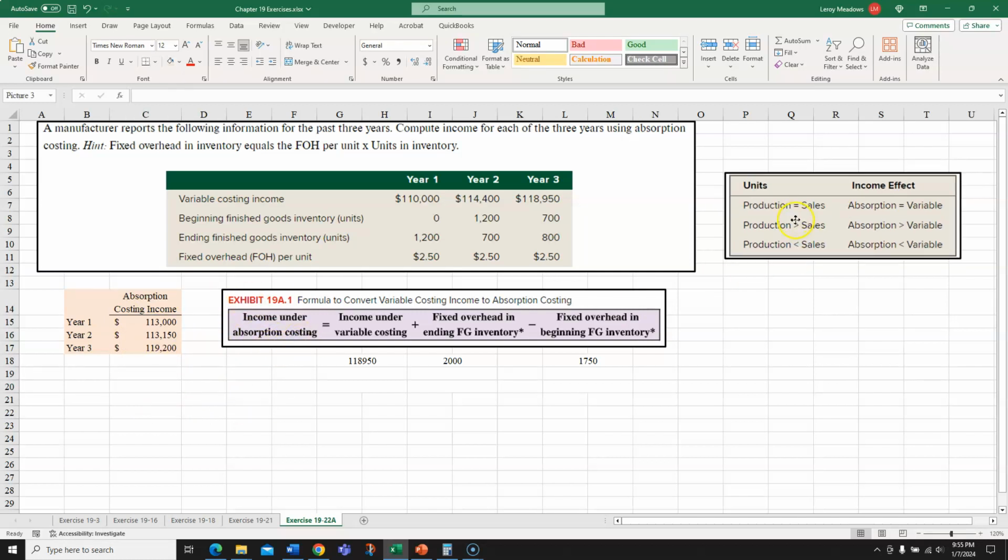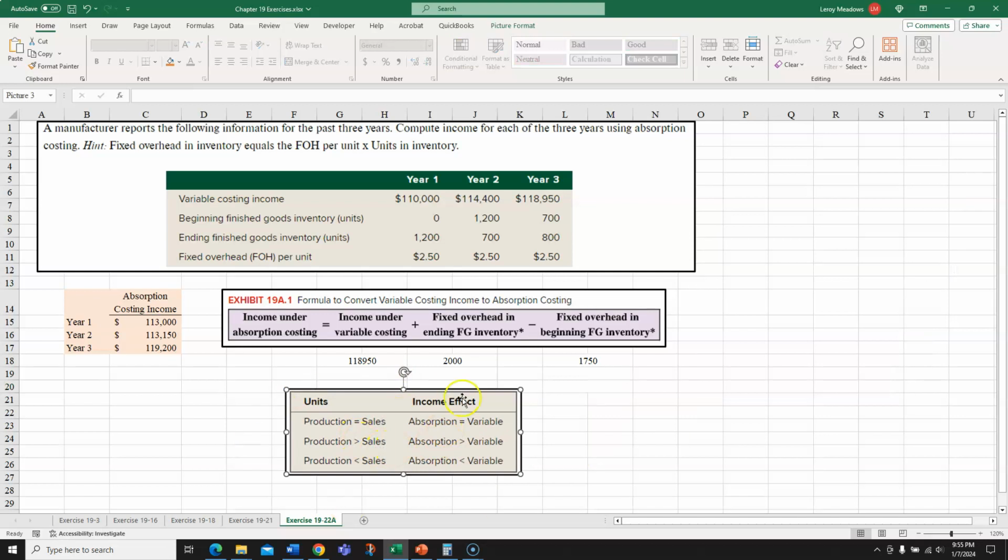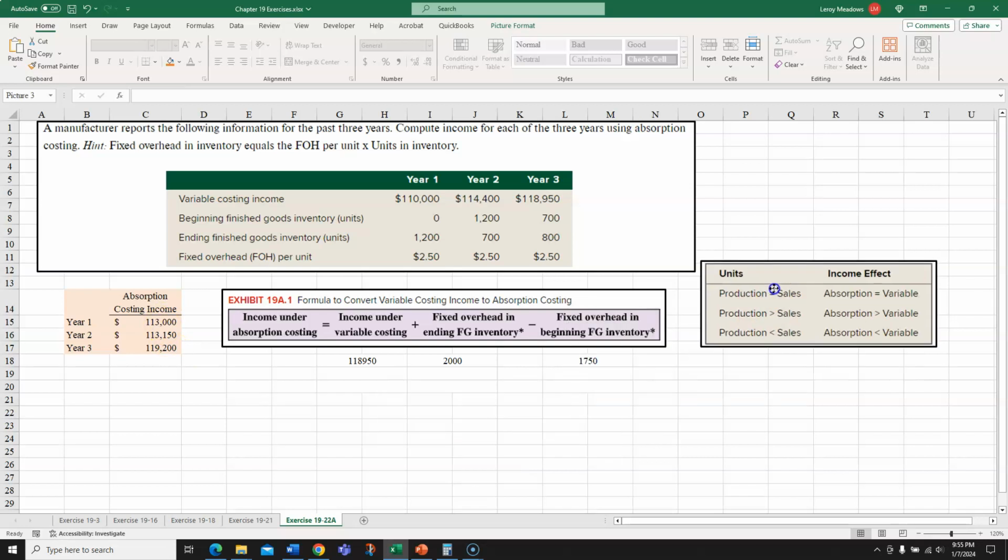Now, I did include this because while this would not predict the actual operating income under absorption costing, we can look at the results to see, and it should give us at least a little check to see if we've done it right, or at least that we're in the right direction. What do we have here?